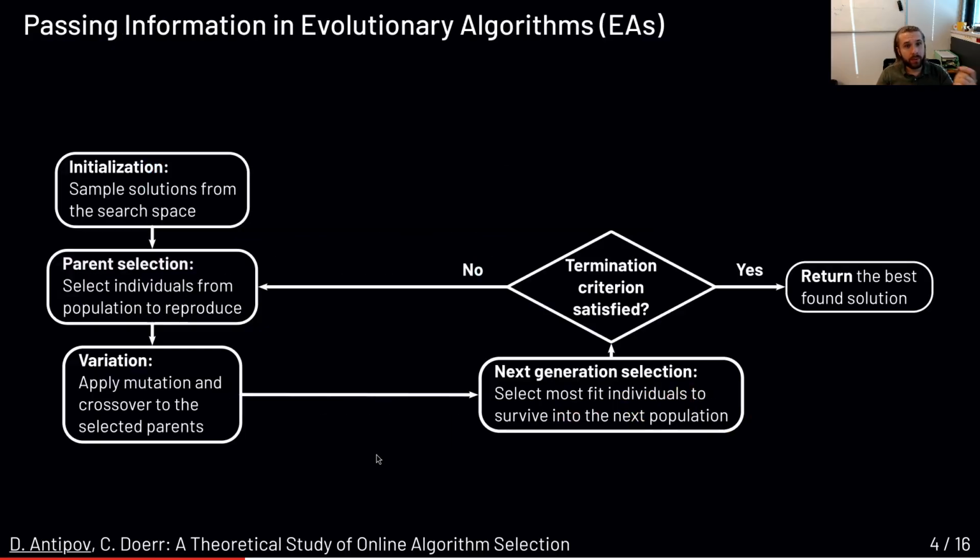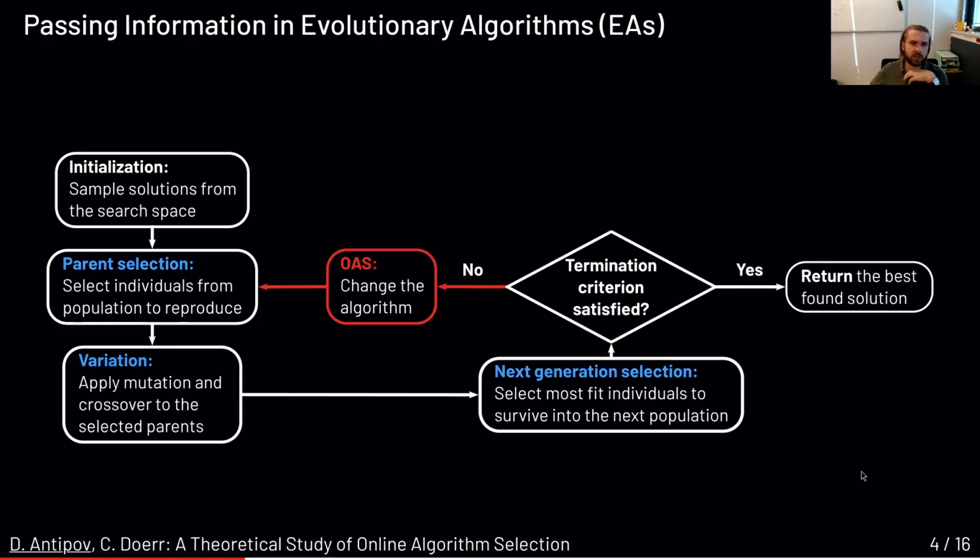So, why evolutionary algorithms? A typical scheme of an evolutionary algorithm can be seen in this slide. They start with initializing some population of solutions, which are usually chosen randomly from the search space, and then they perform iterations. First they select parents, then they change them through mutation and crossover, and then they select which individuals should survive into the next generation until some termination criterion is satisfied, and if it is satisfied, then they return the best found solution.